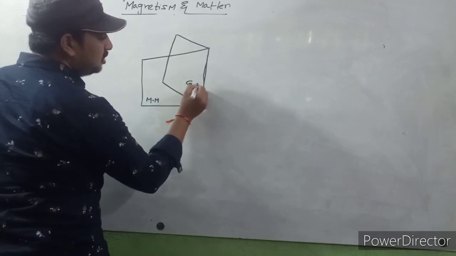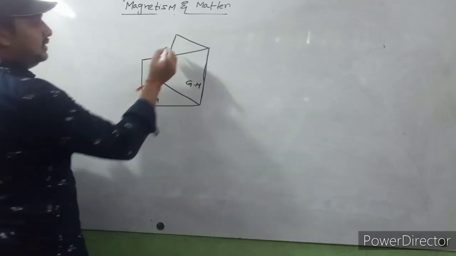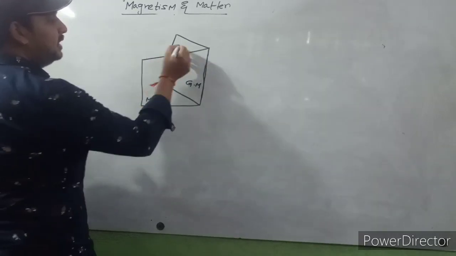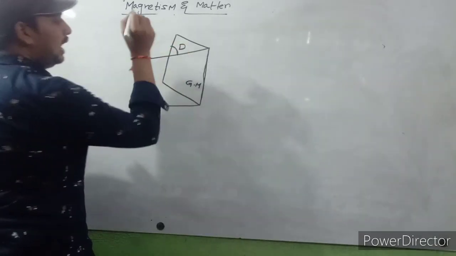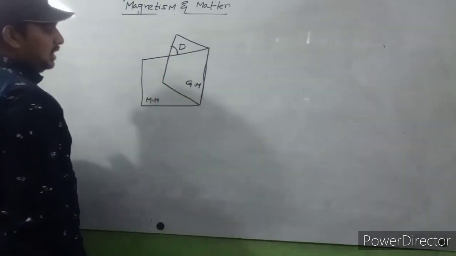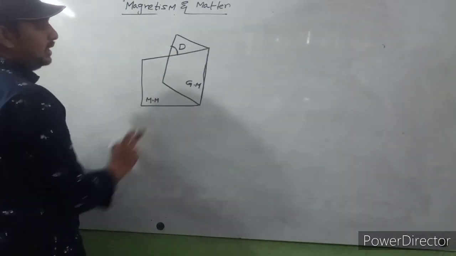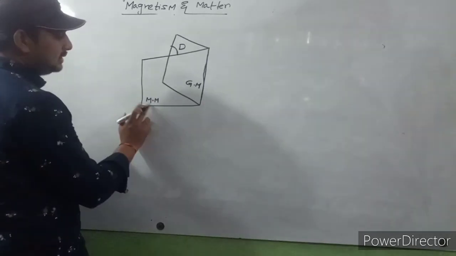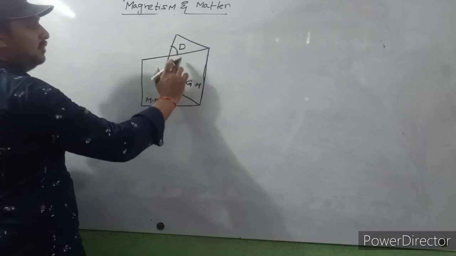This region is called the geographic meridian, and the angle between the magnetic meridian and the geographic meridian is called the angle of declination D. The angle of inclination always lies in the magnetic meridian. This is called the angle of declination.